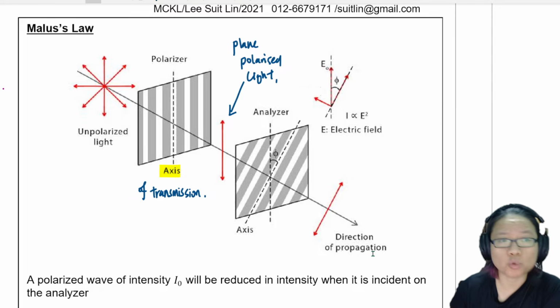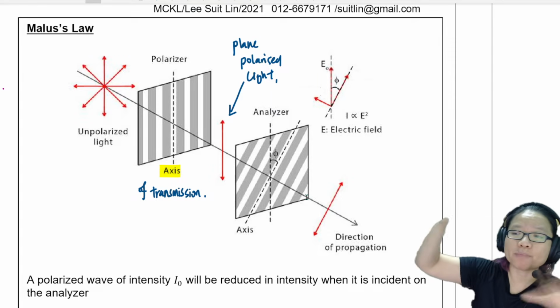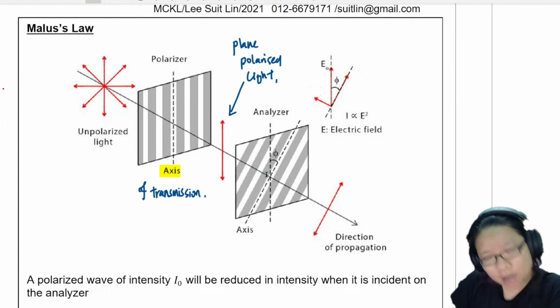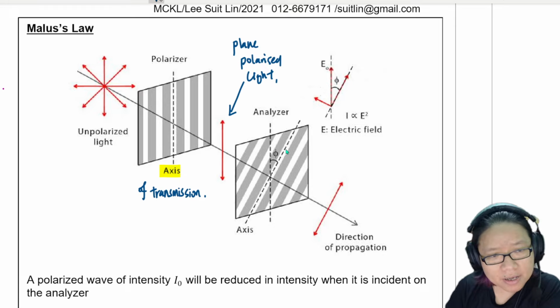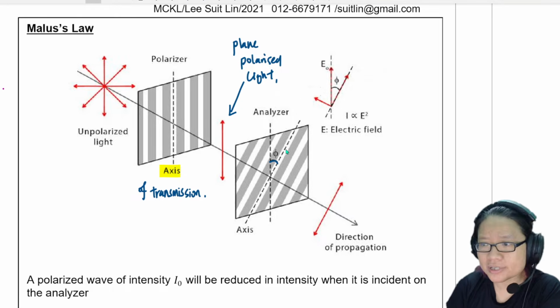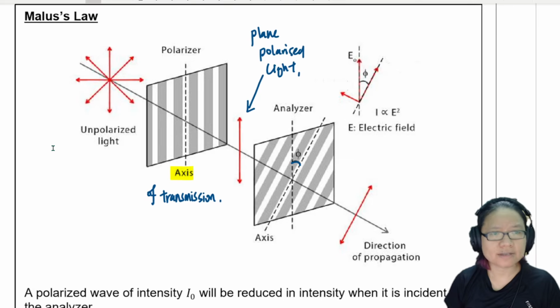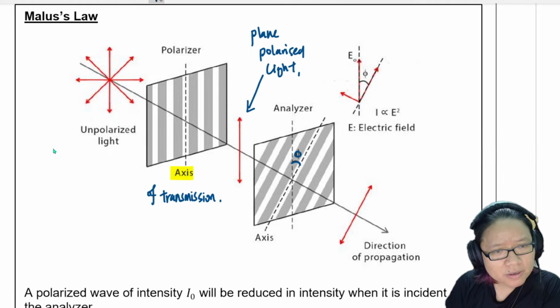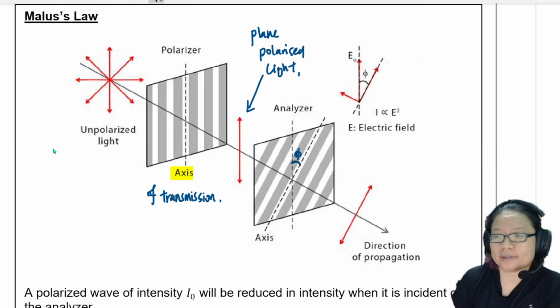So these are two Polaroids, and the long chain molecule thing, the black thing, can turn. Let's say I rotate the analyzer by a certain angle, phi. Let's call this phi, or theta. It's up to you.